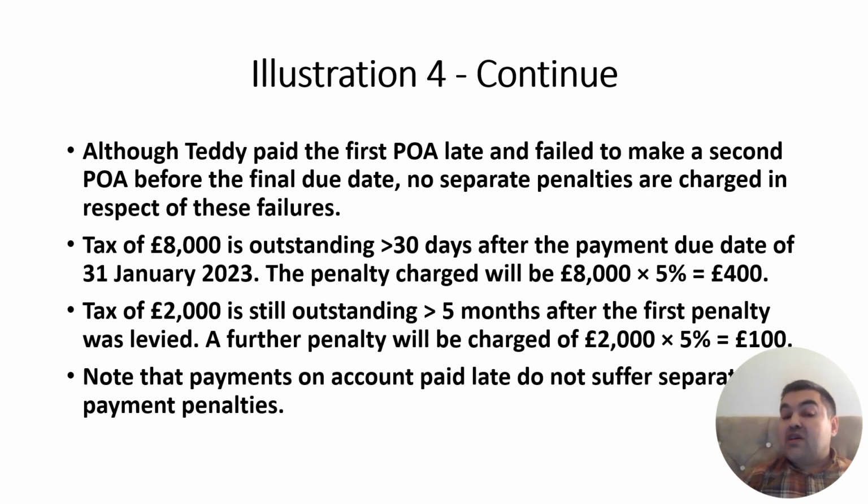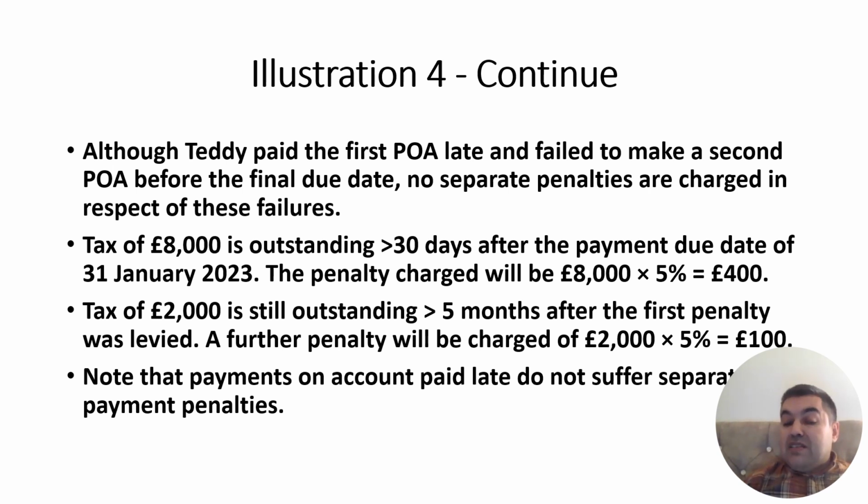Now, there's another situation. The tax of 8,000 is outstanding more than 30 days after the due date, which will be 31st of January 2023. So the penalty charge will be 5% of the outstanding amount.